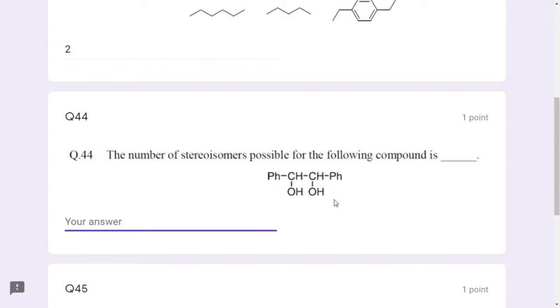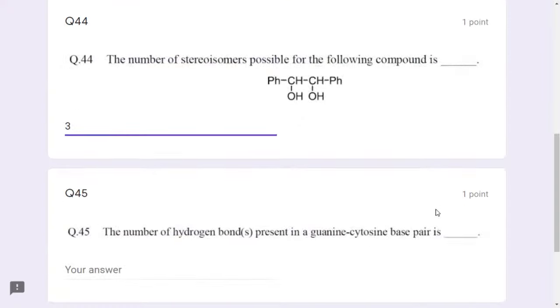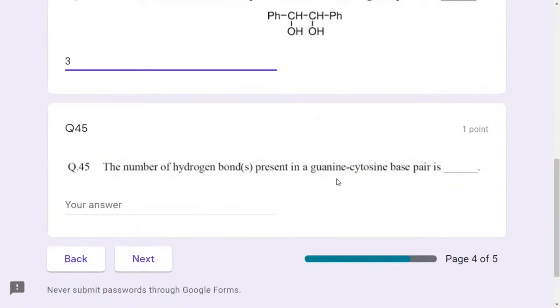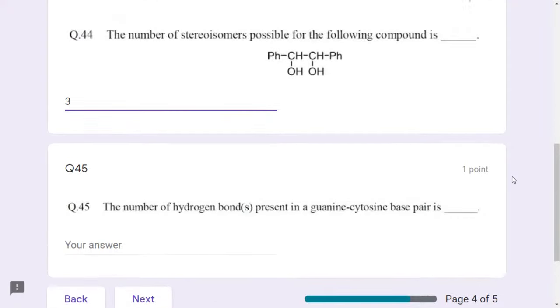So here also just based on that, because of symmetry one isomer is going to be meso compound, it is going to have 3 isomers, right? The number of hydrogen bonds present in a guanine cytosine base pair is, so guanine and cytosine, what is this? Tribasic compound, so it is going to be 3.